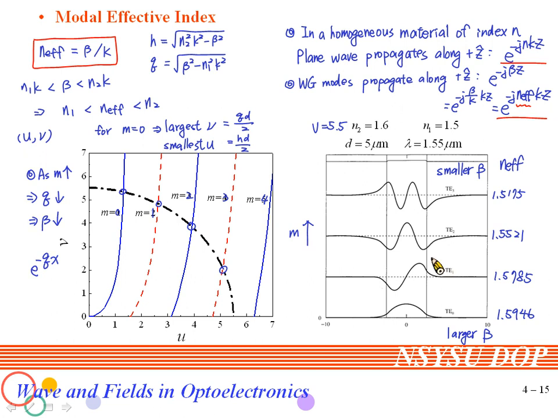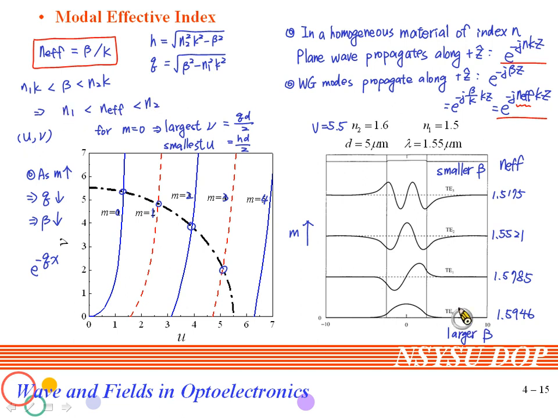Besides, as I have said, the NEFF means the effective index experienced by the waveguide mode as it propagates on this waveguide. The optical waveguide is formed by material N2 and N1.